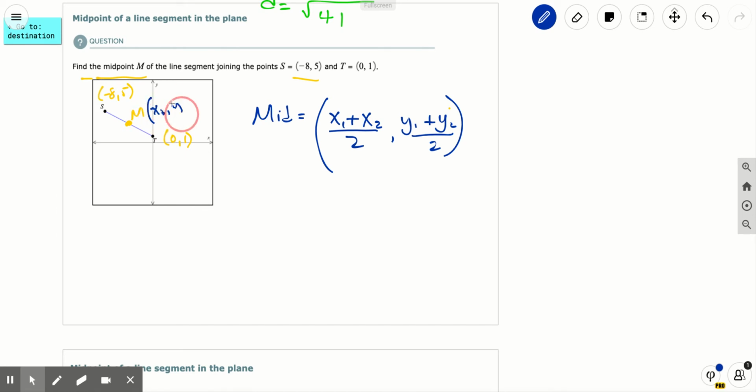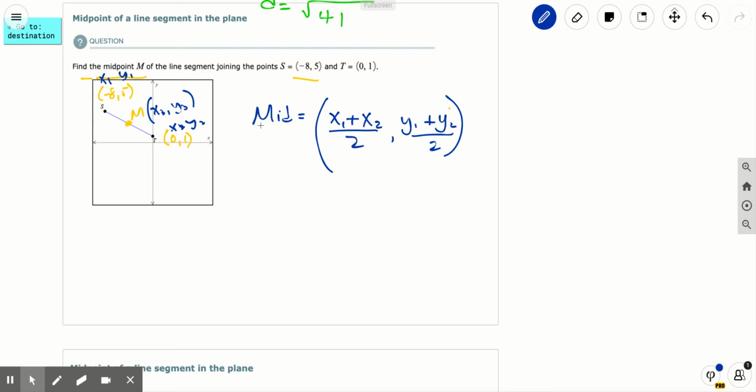In other words, it's a third point. Let's call this one x1, y1. This is x2, y2. The 1, 2, and 3 just mean the number of points. x1, y1 is point 1, x2, y2 is point 2, x3, y3 is point 3.